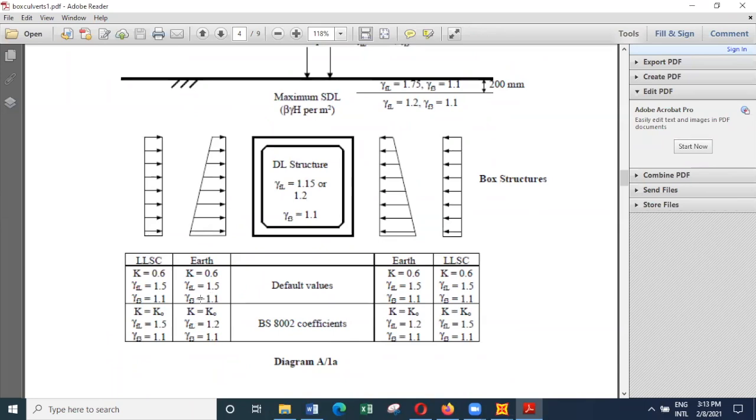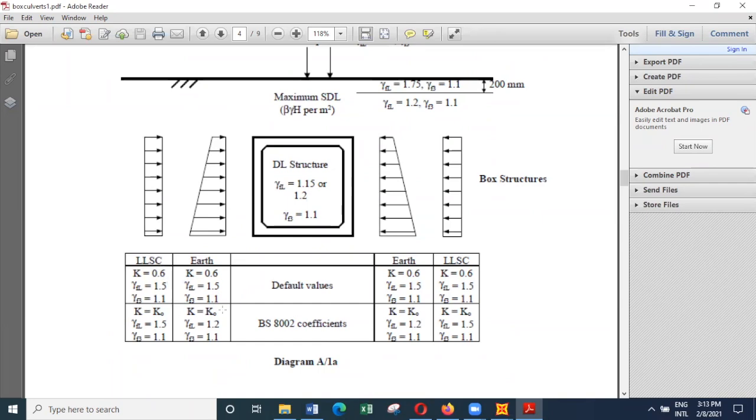On the other hand, you can actually calculate it using the coefficients given in BS for soil parameters if the soil parameters are known. And for the live load surcharge, we can also use the same factors.